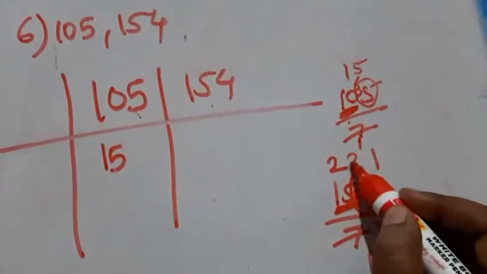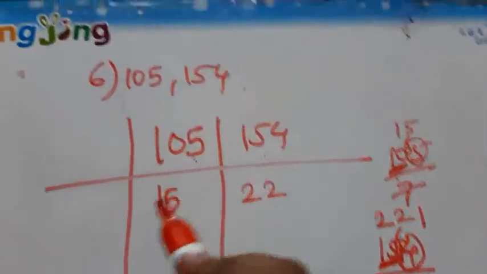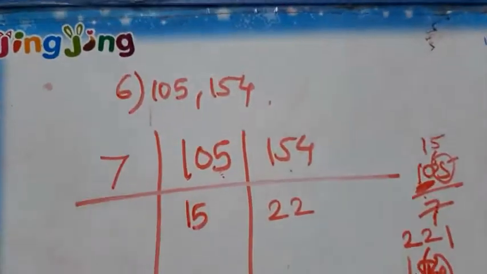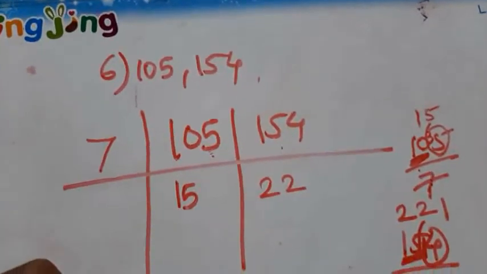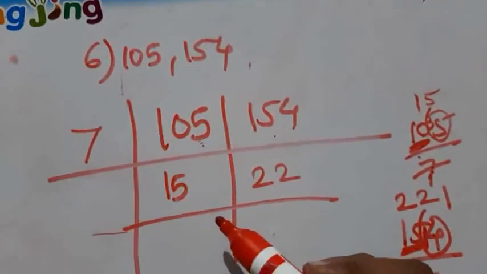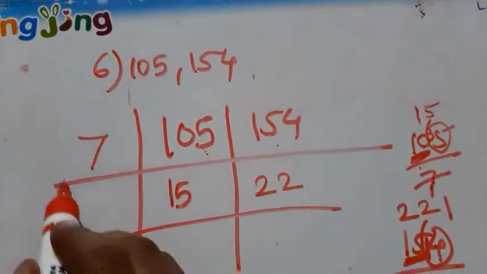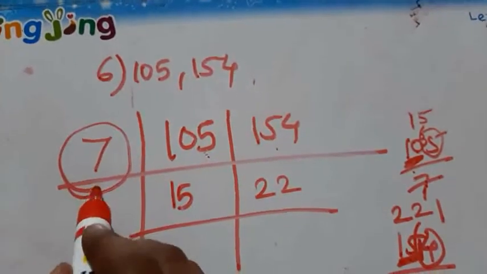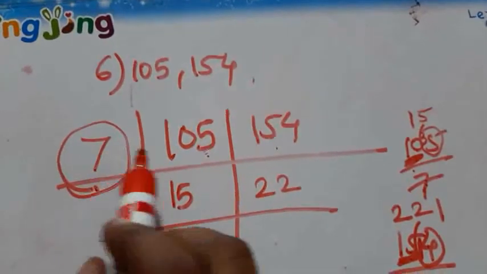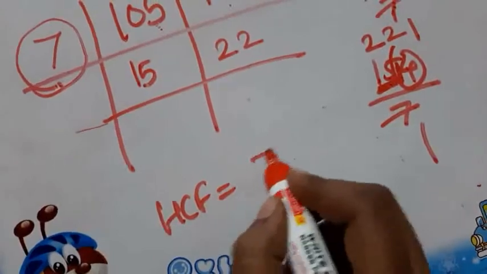So 7 2s are 14. Here will be 22. So here we can take 7 as a common factor. Now for 15 and 22, any common factor is not present. So our answer is 7 only. Common factor is just 7. So HCF of these two numbers is 7.